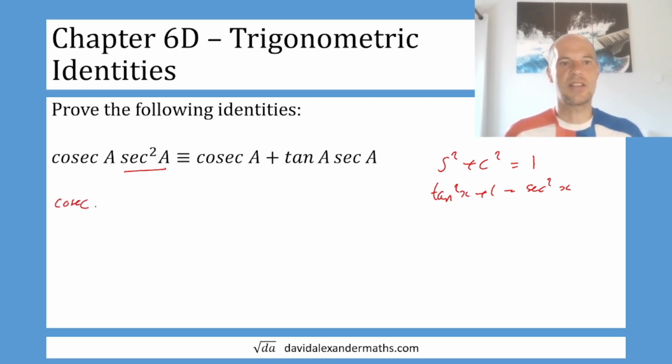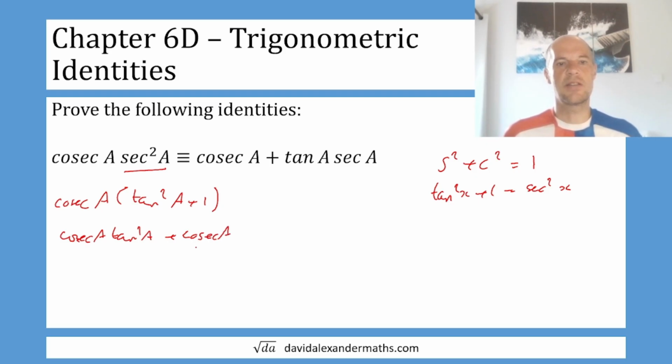So sec squared x is tan squared x plus 1. So what I have is cosec A times tan squared A plus 1. If I expand those brackets, that will be cosec A tan squared A plus cosec A. So I've got the cosec A, so I just somehow need to show that cosec A tan squared A is tan A sec A. Now tan squared is sine squared A over cos squared A, and cosec A will be my numerator, but I'm just thinking, well, how else can I write cosec A?